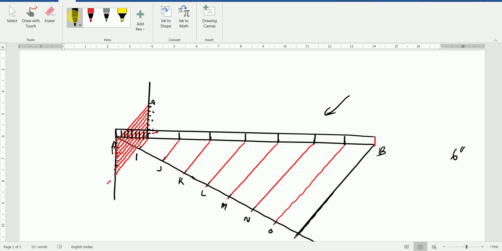So the first one is 0, 1, 2, 3, 4, 5, 6, 7 miles. And here also you may write the first one is 1, then 2, 4, 6, and 8.